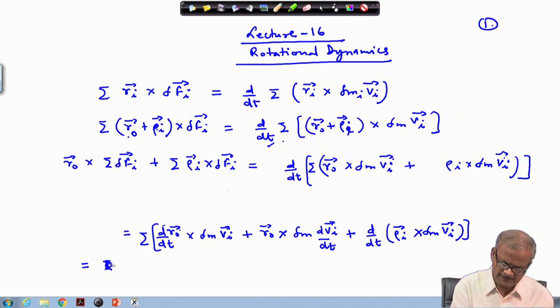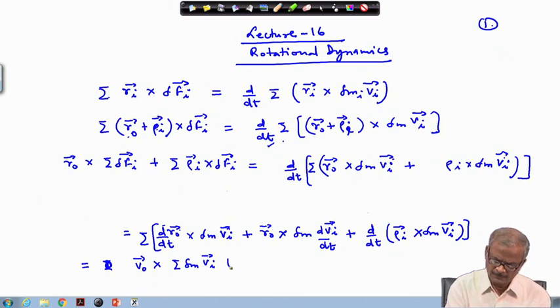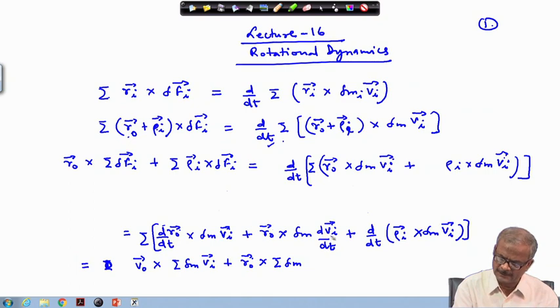So we can take it outside and write this as V0, where dR0 by dt equals V0, cross delta m v_i, plus similarly here R0 cross summation delta m times this quantity, which is nothing but delta m times the acceleration of that particle, all with index i.